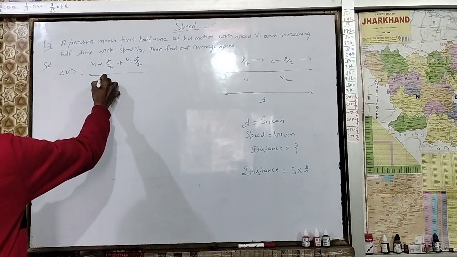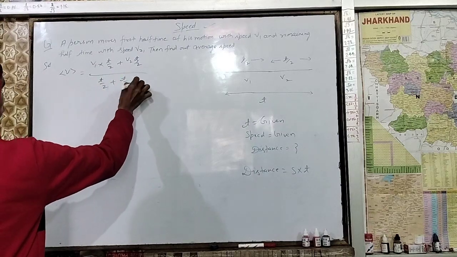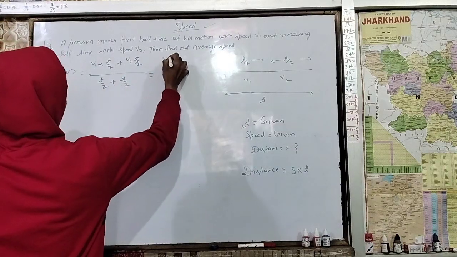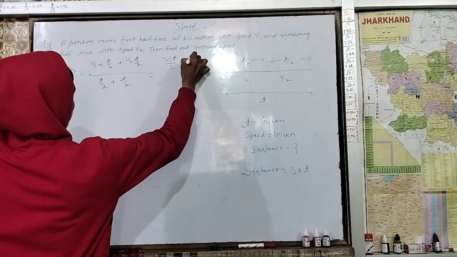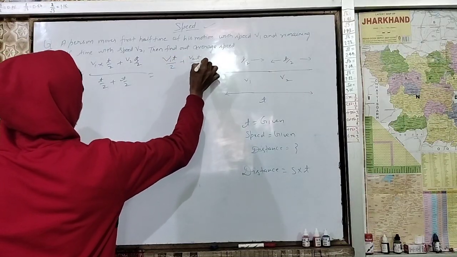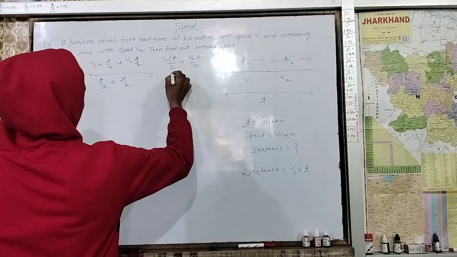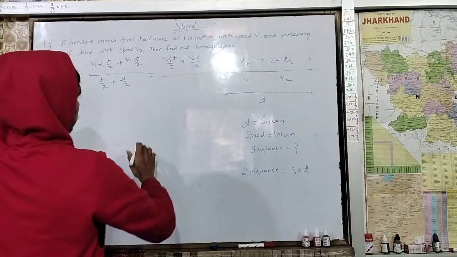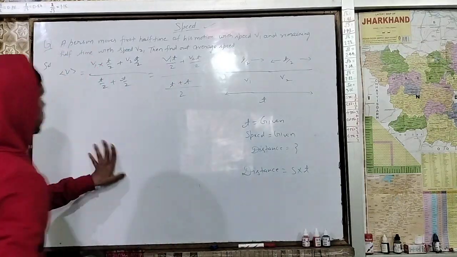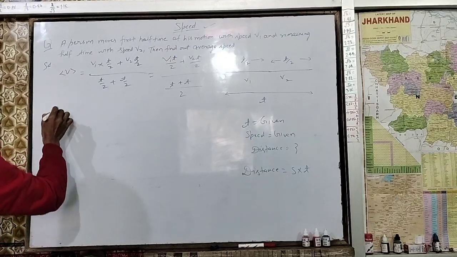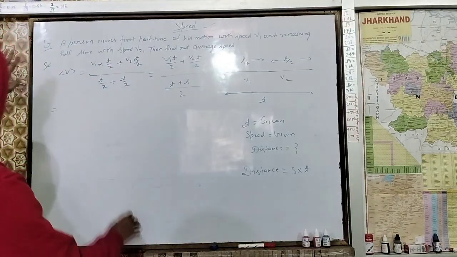Time is how much? T upon 2 plus t upon 2. So finally you can write v1 t upon 2 plus v2 t upon 2, upon 2t upon 2 plus t upon 2. Again we are just simplifying this fraction.